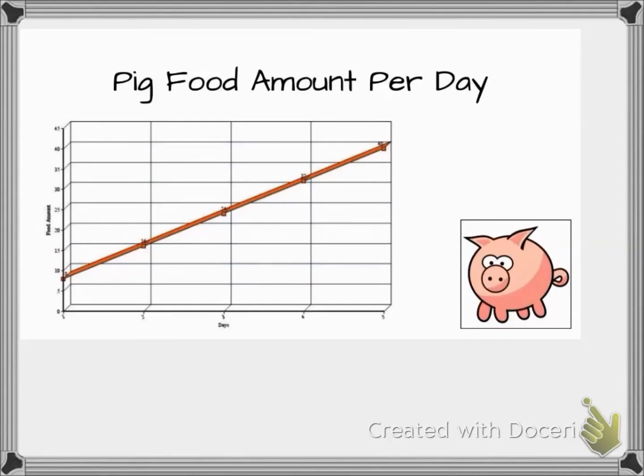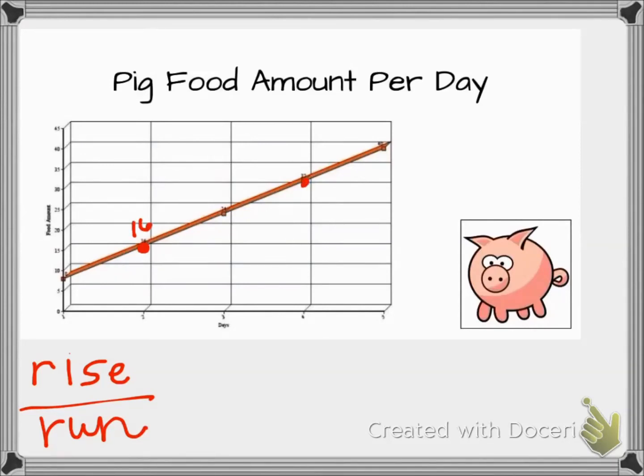Our pig's information is given by the graph. And to find the rate of change from a graph, we're going to do rise over run. So I'm going to pick some points. They're kind of hard to see. I'm going to use this one. That's at 16.